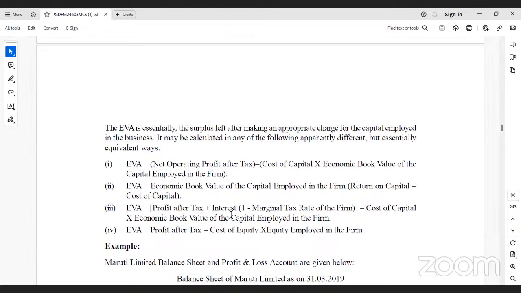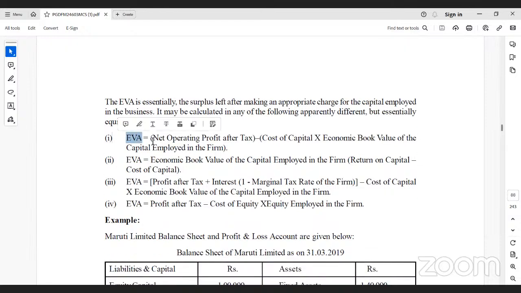He suggested the economic value added approach is especially the surplus left after making an appropriate charge for the capital employed in the business. So how will we calculate EVA? EVA equals net operating profit after tax minus cost of capital into economic book value of capital employed in the firm.